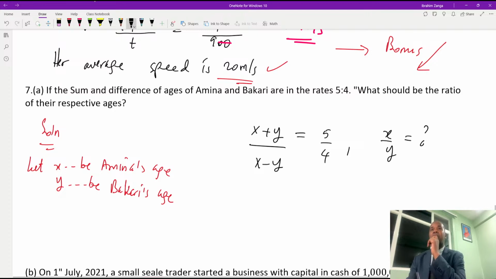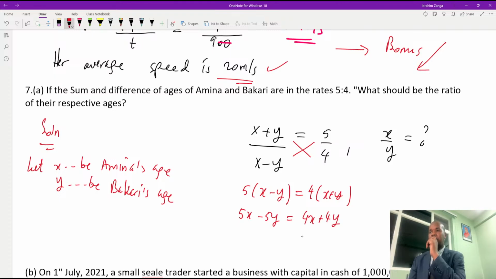So from here, you are going to cross multiply. When you cross multiply, you have 5 times (x minus y) equals 4 times (x plus y). So 5x minus 5y equals 4x plus 4y.